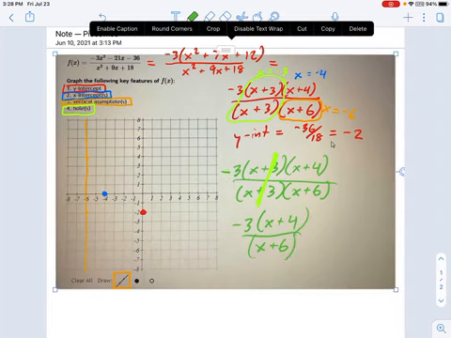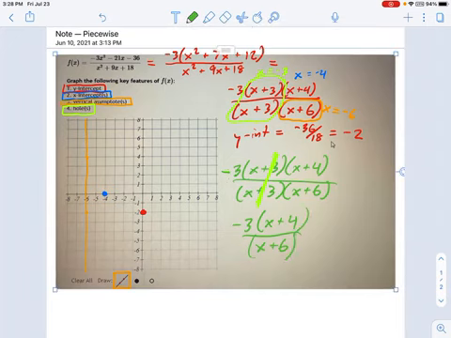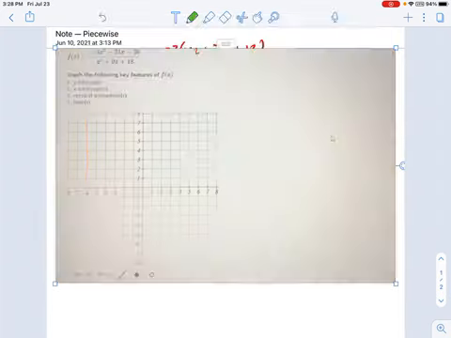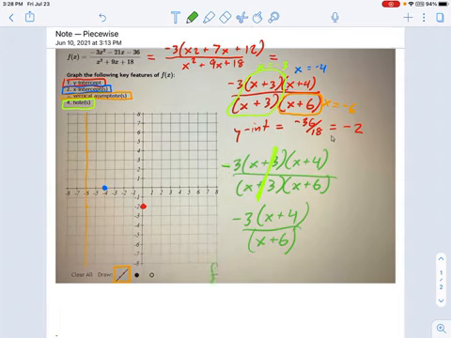Now into that, you're going to put the x value of the hole. So we say, what is f evaluated at -3? That's where the hole lives in the x coordinate. That's equal to -3 times -3 plus 4 over -3 plus 6.